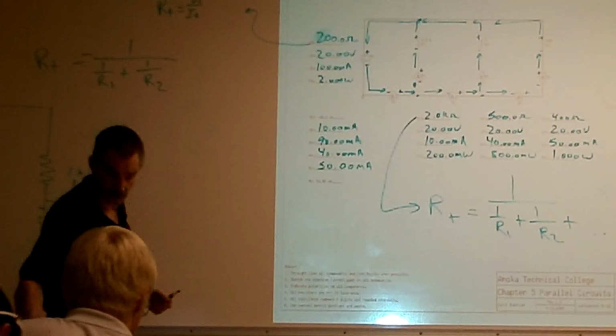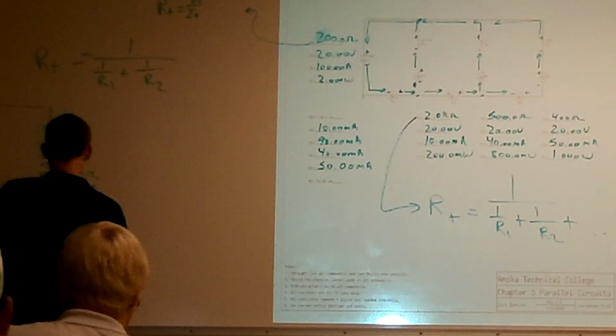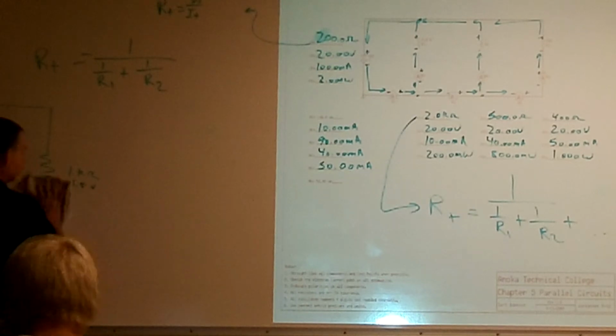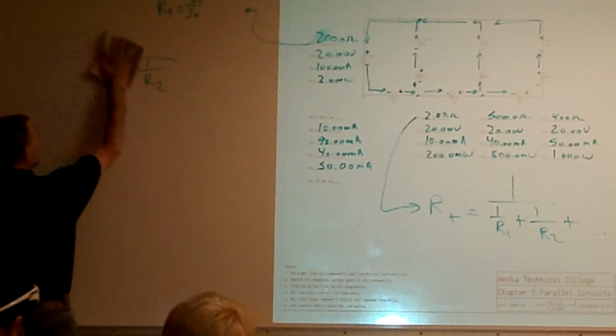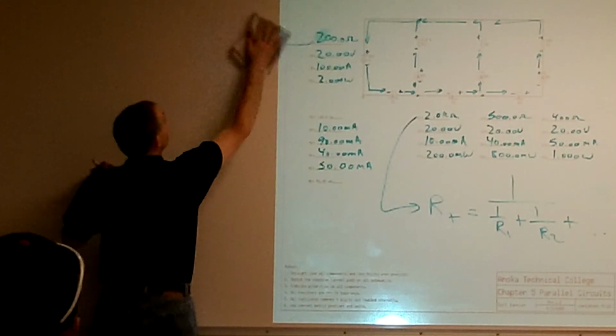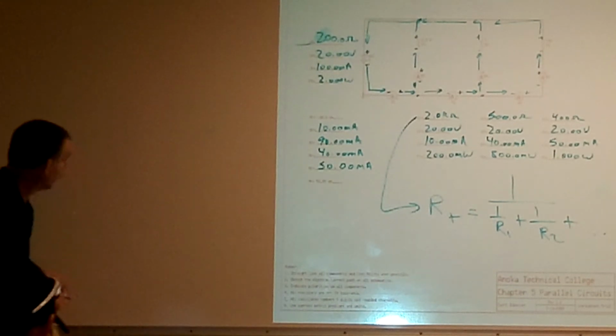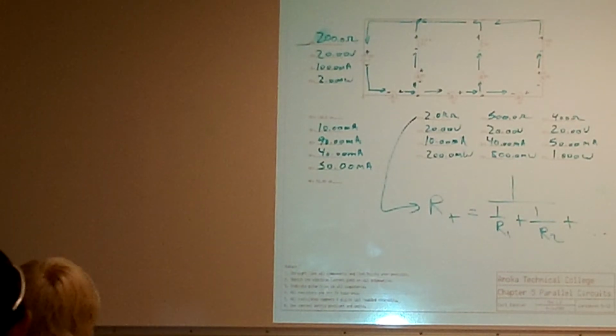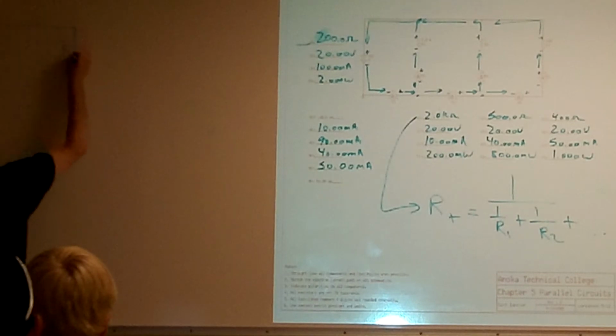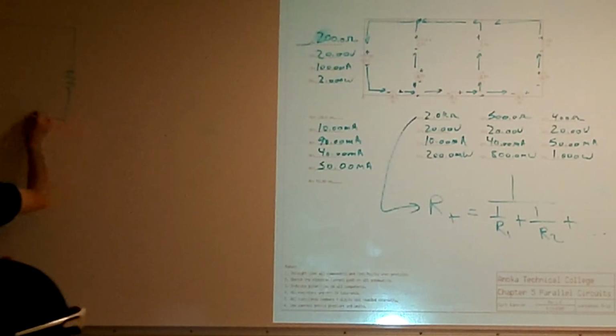Alright, so one of the other formulas that's really nice to have, and we use parallel circuits all the time. So for example, let's say I'm just going to have a single resistor here.